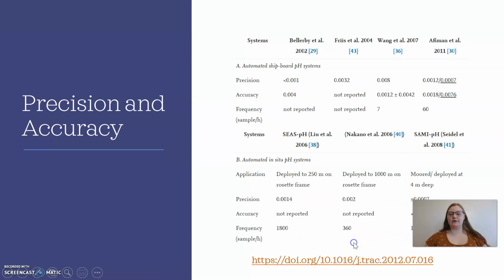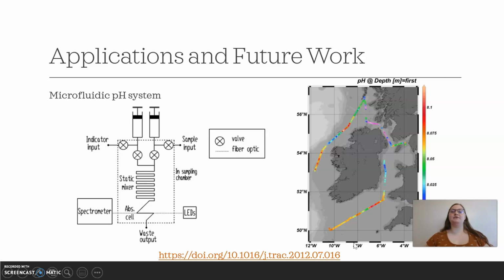Now, for applications and future work. So the reason why this very precise method is so useful is because we really want to check how the pH changes in places that also don't change very much.